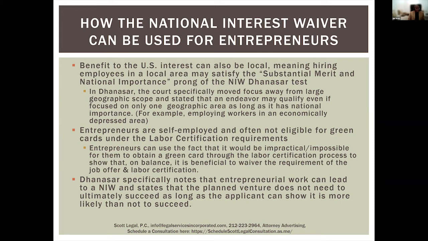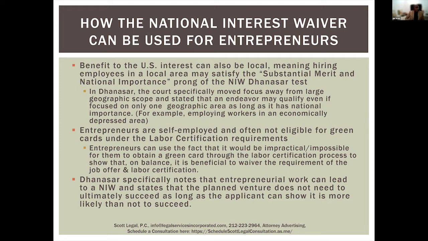The other piece of this analysis is that you have to prove on balance that the person's entitled to go past the labor certification process. So we often use a little bit of everything here. We sometimes go back to the EB1 extraordinary ability criteria, and we point to different exceptional or extraordinary aspects of the individual.